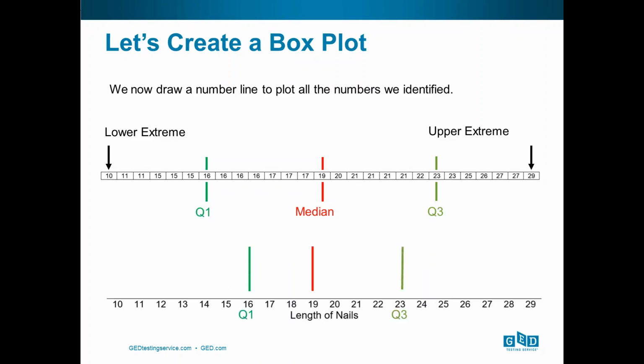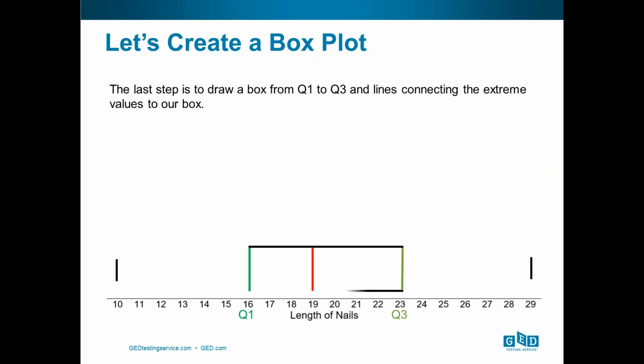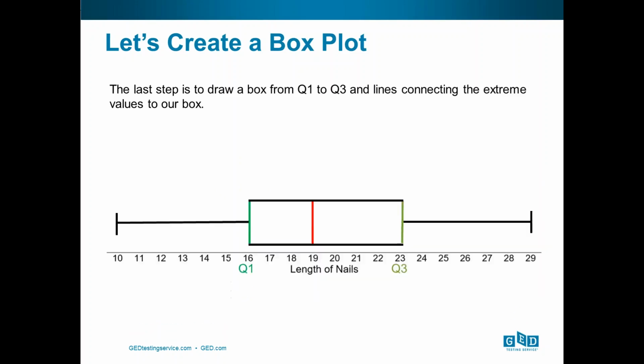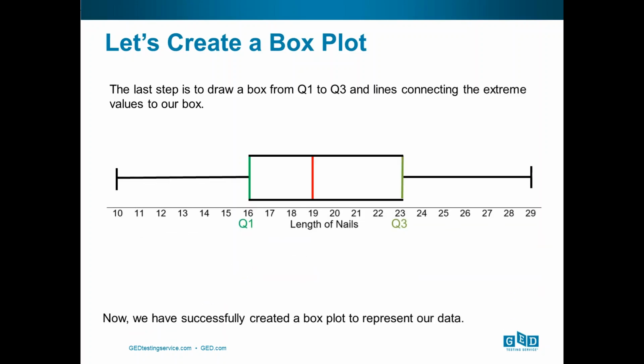Okay, so with these lovely nails, I can now go ahead and look at how they are going to be plotted on that number line, and I can draw a box and connect it to the extreme values. And guess what?